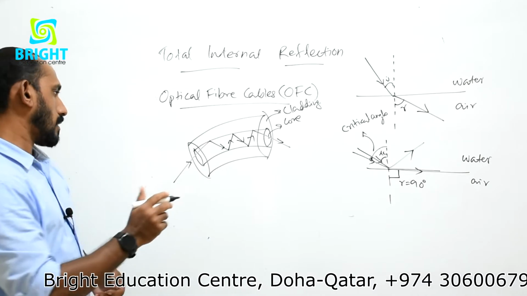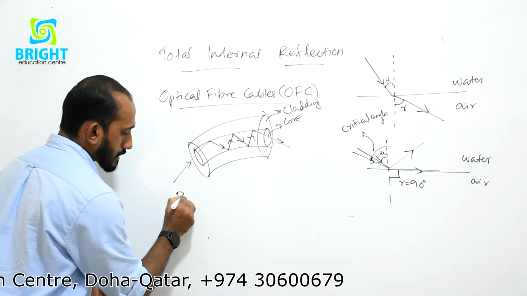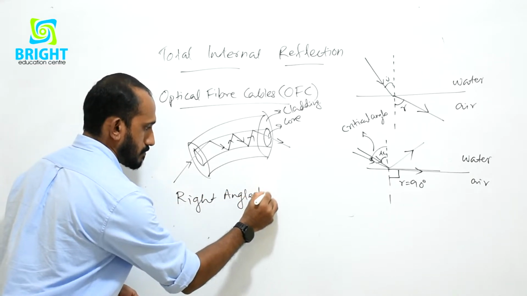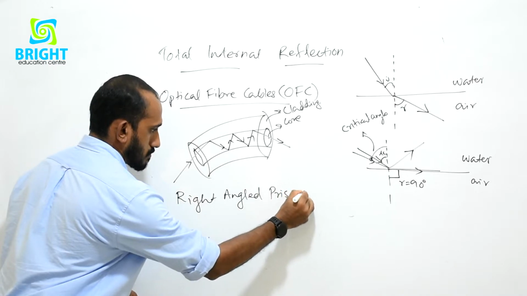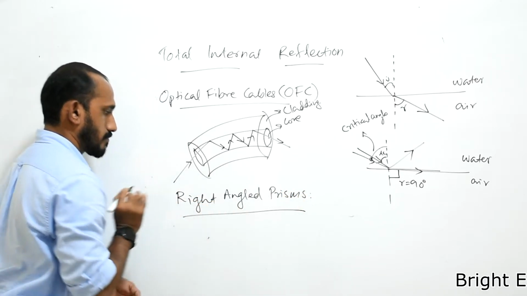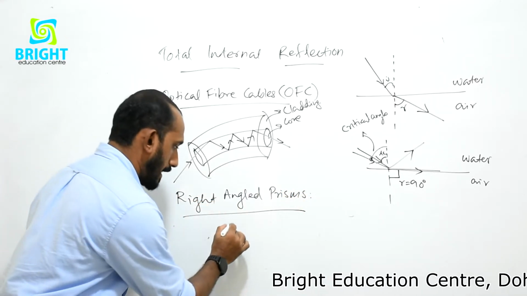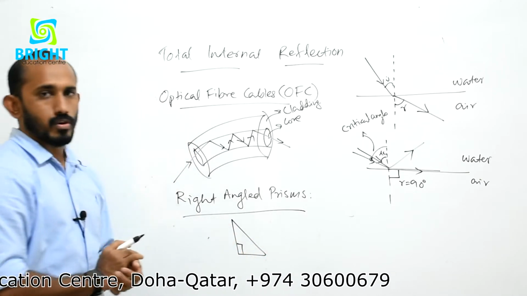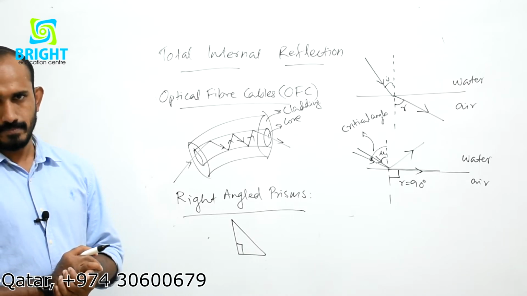And then I mentioned the right angled prisms. A prism with one of the angles 90 degree is called a right angled prism.